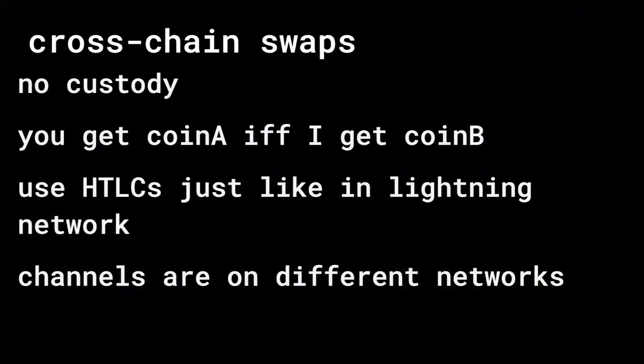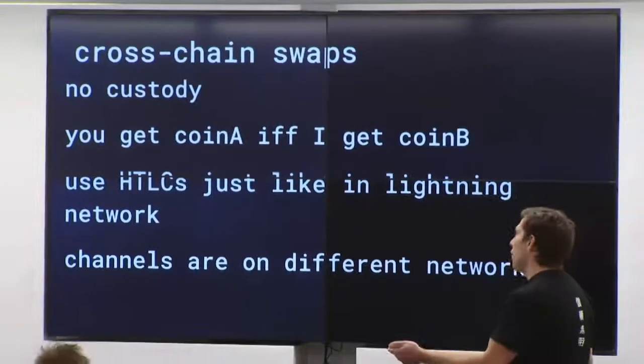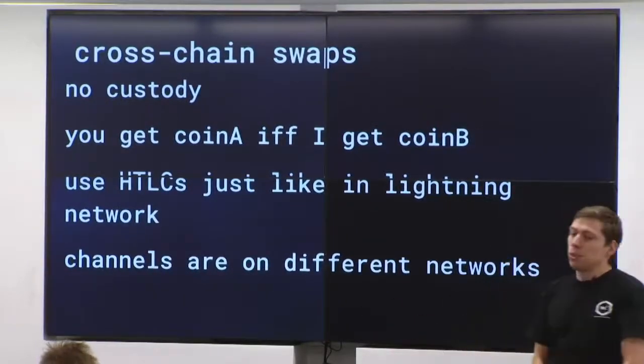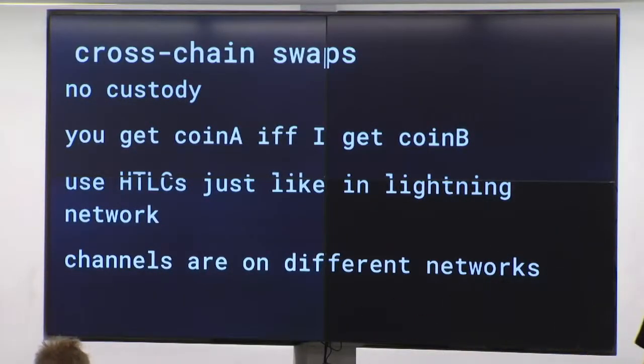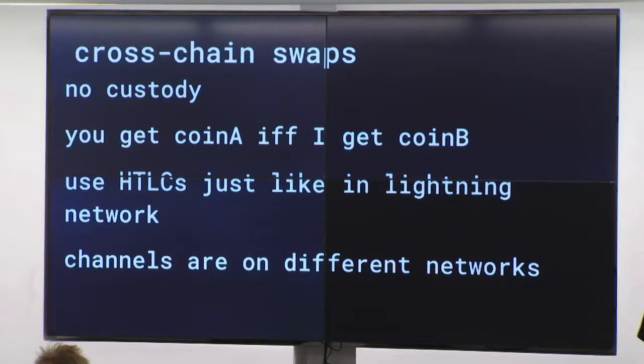So you can do this using hash time lock contracts, just like in the Lightning Network, right? So you get this coin if and only if I get this other coin. You want them to be atomic. Even if it's very quick, you don't want any period of time in which one party has all the assets or more of the assets. The interesting thing about this is the Lightning Network does this already.